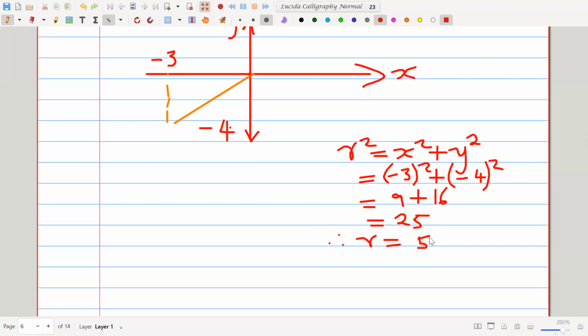Even though the R squared, if you put a square root on both sides, should give you plus minus, we will consider plus because we're looking at radius. So this is our radius.